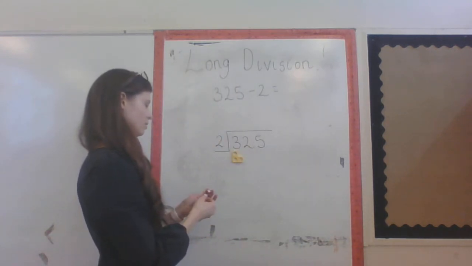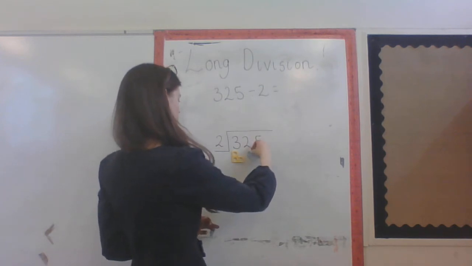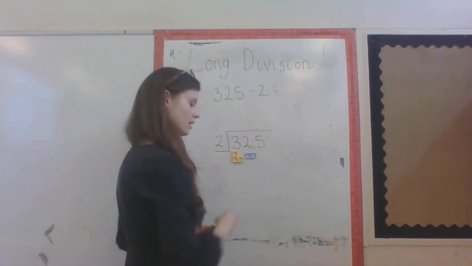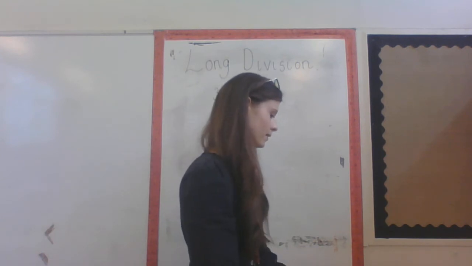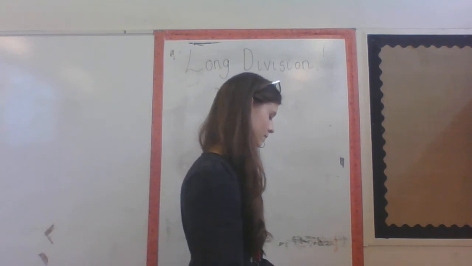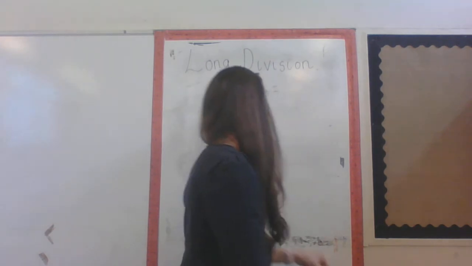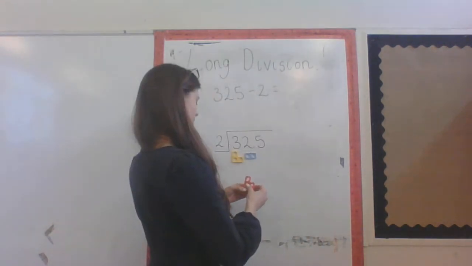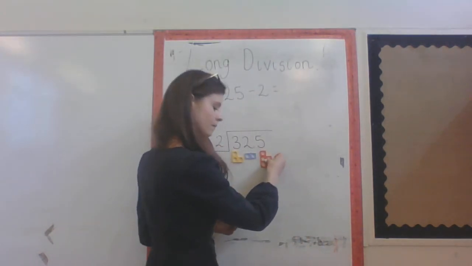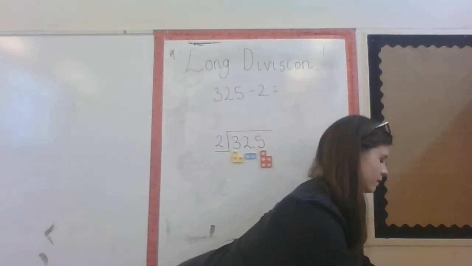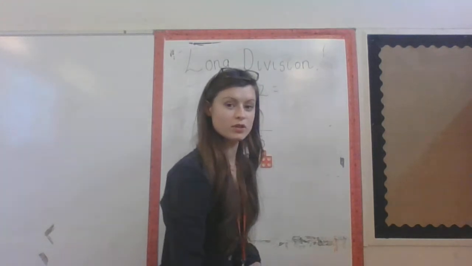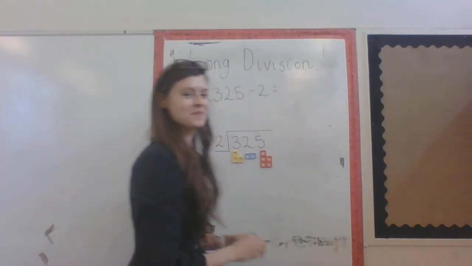So we've got our 300s, our 2 tens, and then we need our 5 ones.